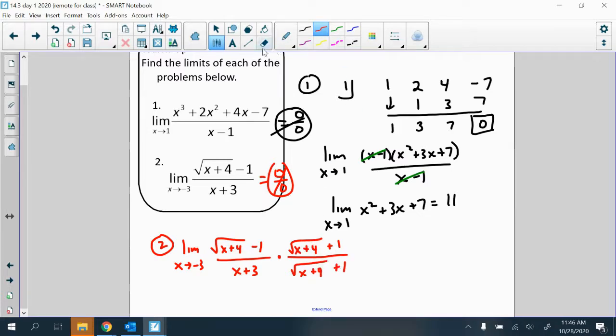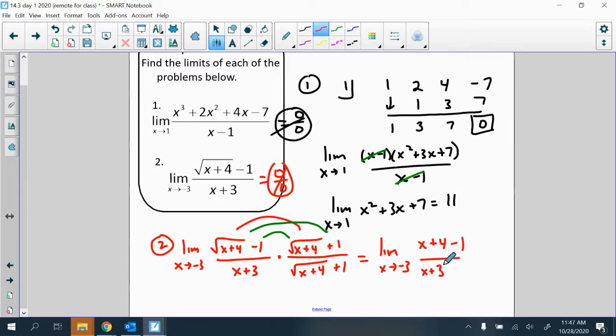So then what I end up with is the numerator. The numerator ends up being x plus 4. The middle terms end up being plus and minus root x plus 4, so those cancel out. And then negative 1 times 1 ends up being minus 1.